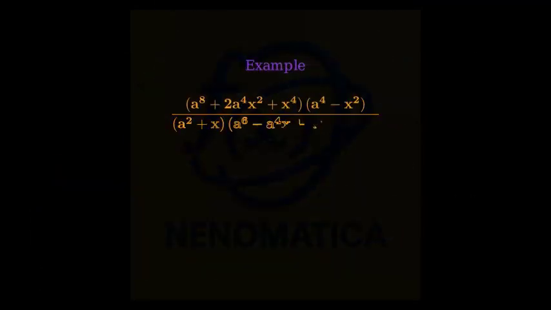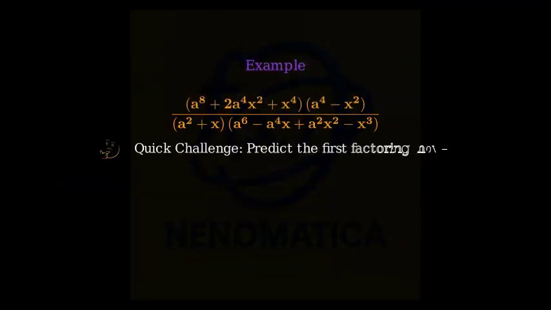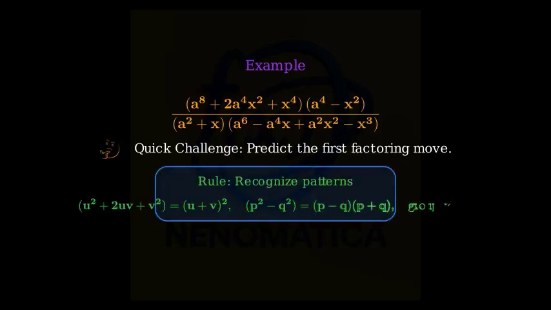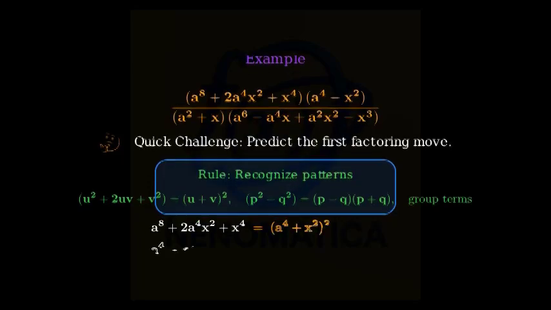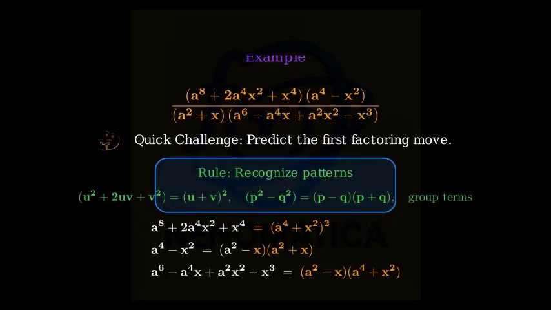Please note the purple example label and the bold orange problem statement below it. Factor components. Rule: we use perfect square trinomials, difference of squares, and grouping. The trinomial a to the 8 plus 2a to the 4 x squared plus x to the 4 factors as (a to the 4 plus x squared) squared.